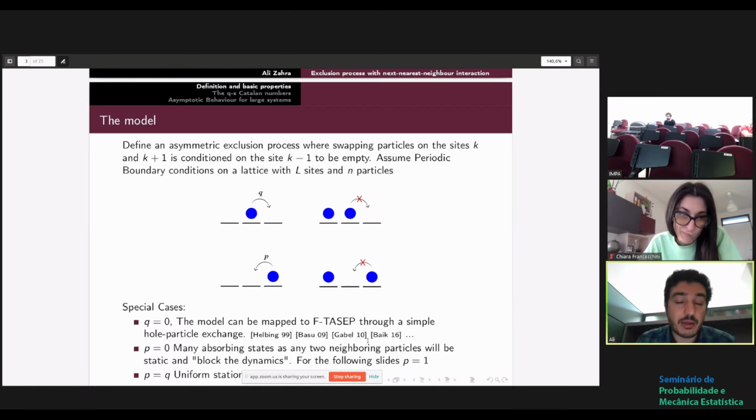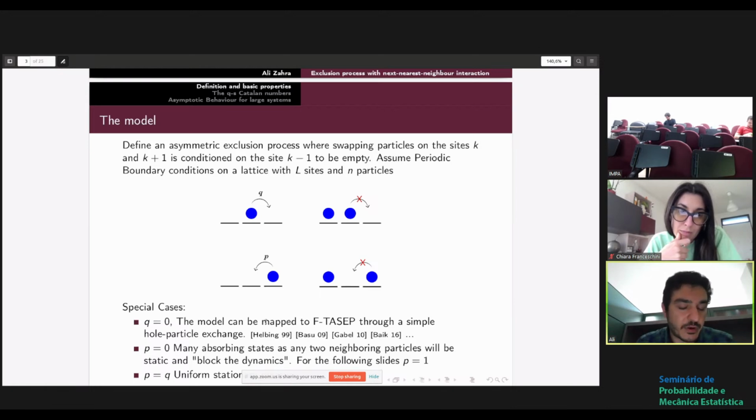So our model inherits some of the properties of the facilitated exclusion process, in particular for systems which are more than half filled. The system gets blocked because you get many ergodic components, and the evolution of the system is blocked.